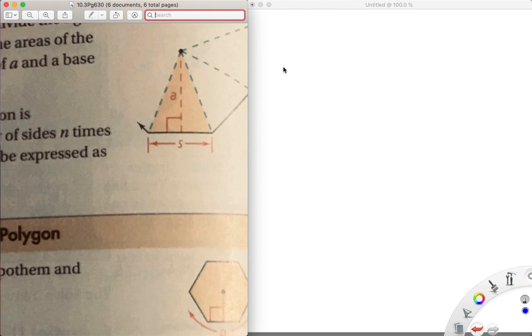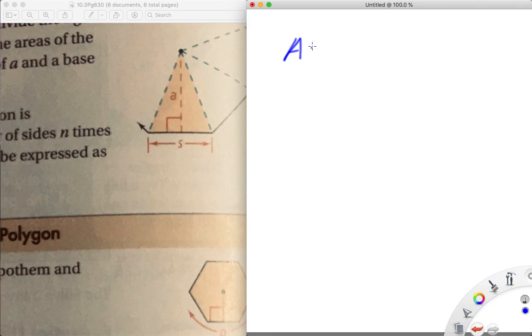So if you recall, the area of a triangle is 1/2 the base times the height. Well, when we talk about the area of a triangle in a regular polygon, the base is now the apothem, A for the apothem, and H is now the side of the polygon.